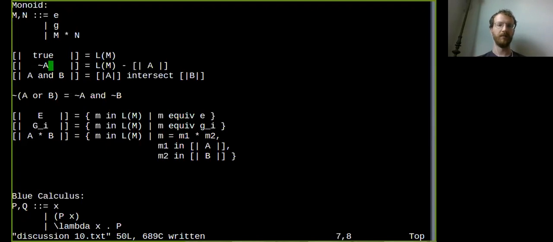So A here is just a stand-in, just like we use M and N up here, or we use P other places. Not A by itself doesn't have any meaning, because A has to be another thing of the form that we are defining on the left-hand side here. Does that help?